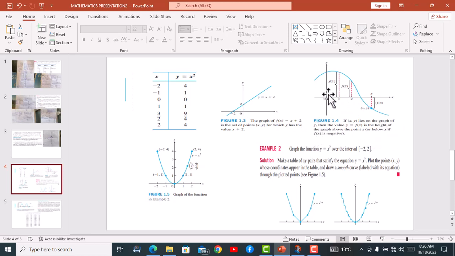So if f at x, the value of y, for example here, is negative, then the value of x is there, and if the value of y is positive, the values of x are just there. So this is just an explanation that is worthy of noting.